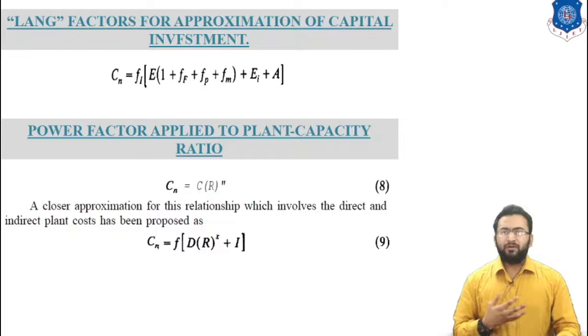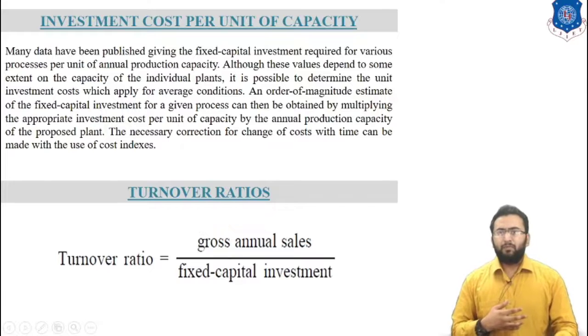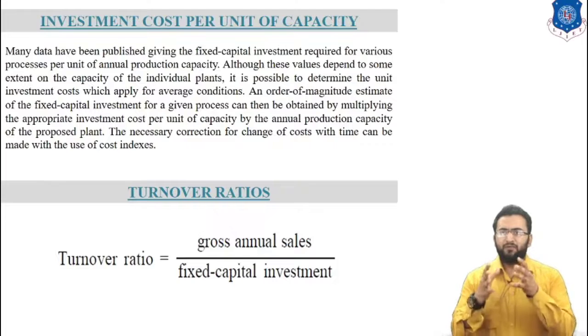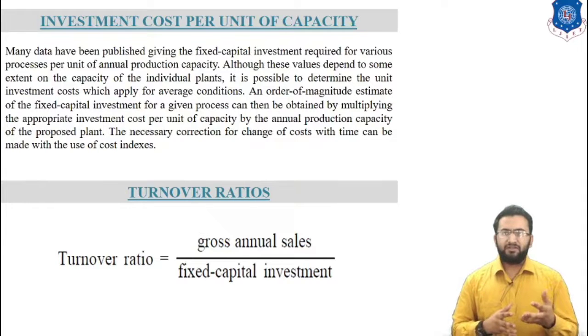Now let's talk about the next method, which is investment cost per unit capacity. Much data has been published giving the fixed capital investment required for various processes per unit of annual production capacity. Although this value depends to some extent on the capacity of the individual plant, it is possible to determine a unit investment cost which applies for average conditions.